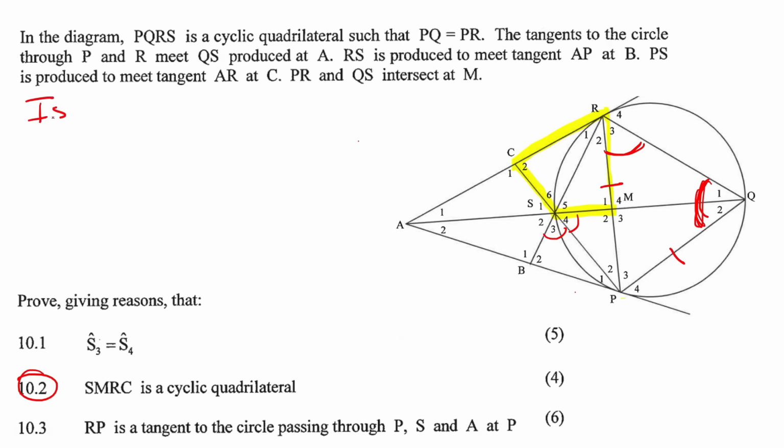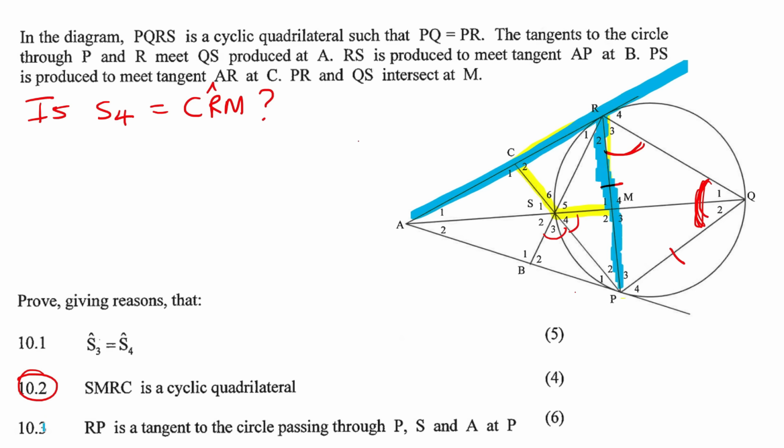So is S4 equal to CRM, which is this angle? Well, check this out. If you look at this tangent and you look at this chord and apply the tan chord theorem, then that would take this entire angle and it would make this angle over here. So we can say that angle CRM is equal to angle RQP because of tan chord theorem.